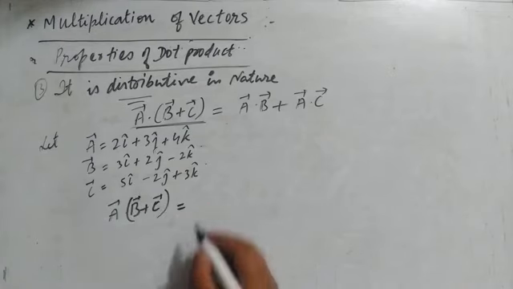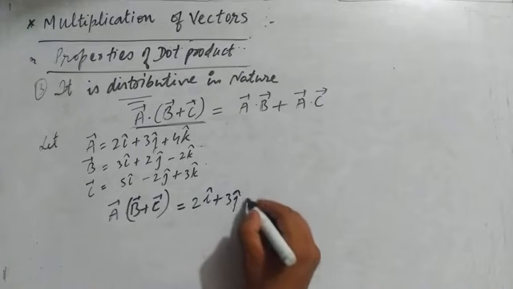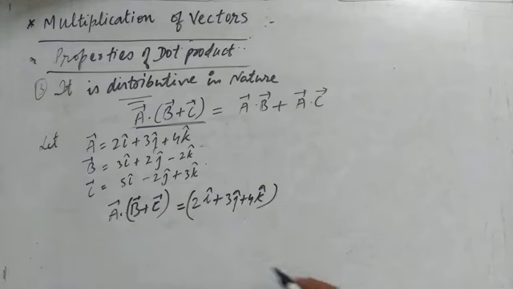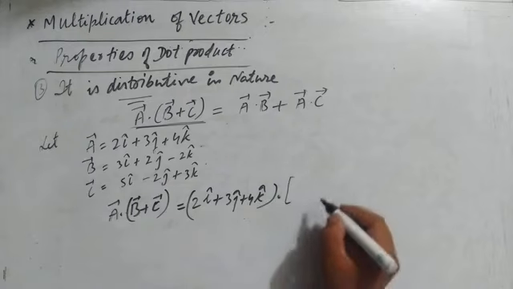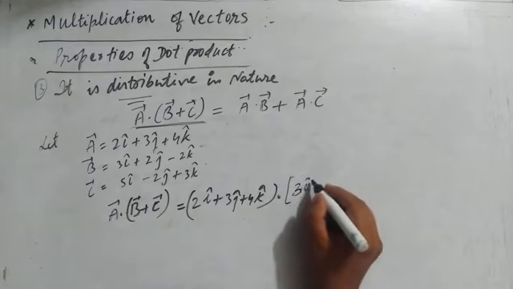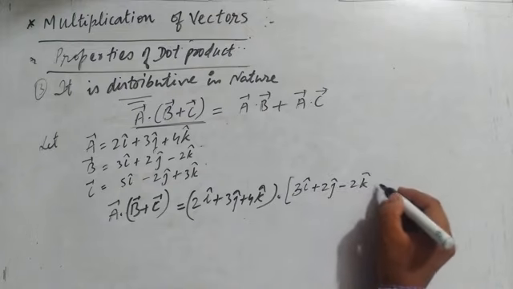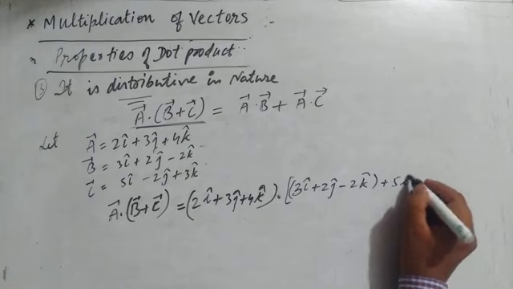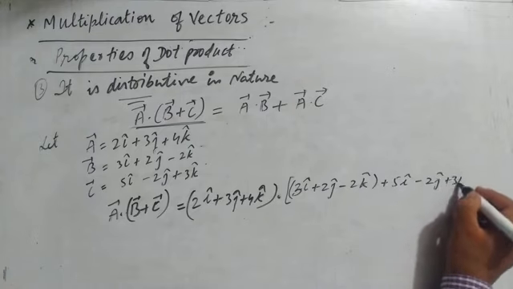So we will put the values as 2i cap plus 3j cap plus 4k cap, that is for a vector, dot the value of b. b vector is 3i plus 2j minus 2k, and for c vector it is 5i minus 2j plus 3k.